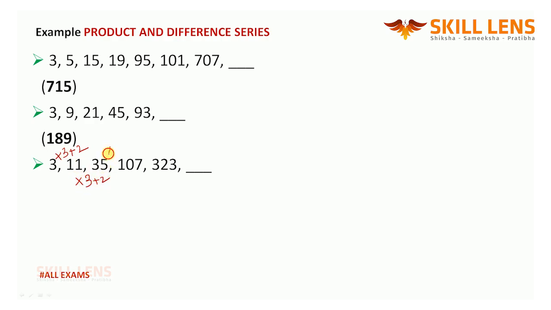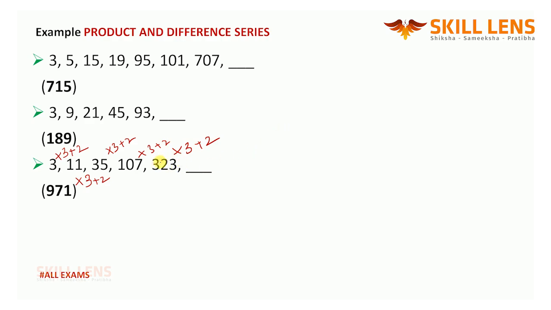So into 3 plus 2. Into 3 plus 2. Into 3 plus 2. Okay, this is also into 3 plus 2. Okay, 900, 960, 969. Okay, plus 2 will give you 971. So that's how you can get your answer.